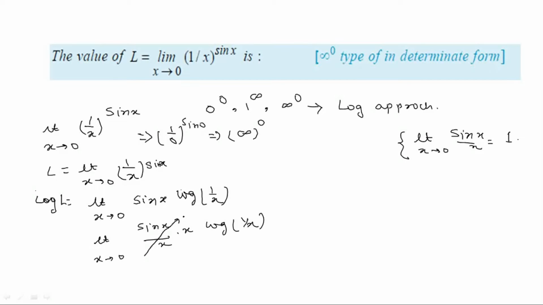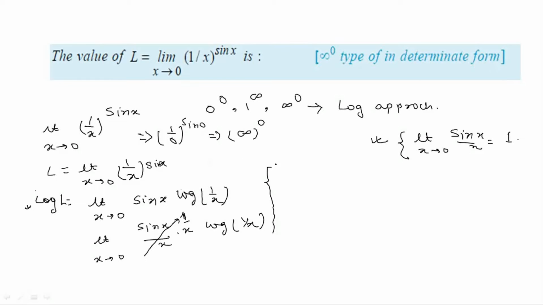This term gives 1, as we know from this formula. So now we are especially solving only this part, and the result of this part is evaluated as log L.